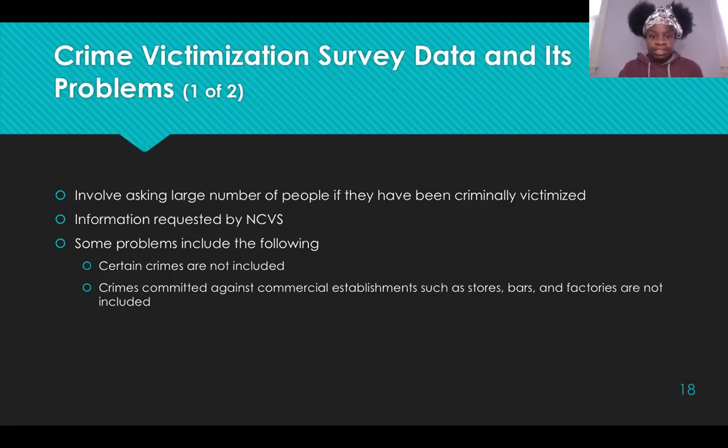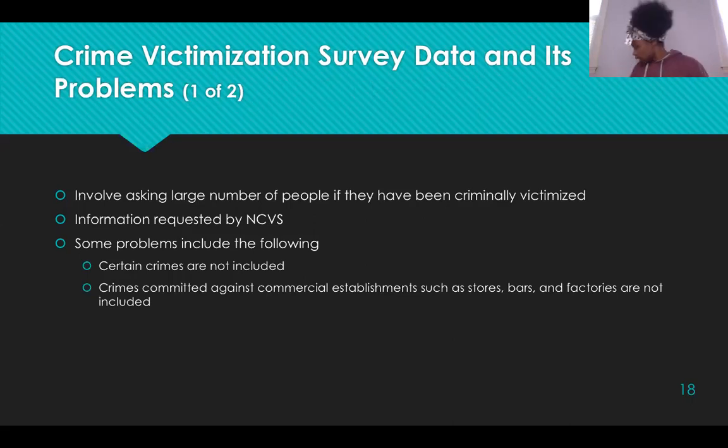Crime victimization data and their problems. Crime victimization surveys involve asking a large number of people if they have been criminally victimized within some specified time frame, regardless of whether or not they reported the incident to police. Again, this survey is known as the National Crime Victimization Survey, the NCVS.